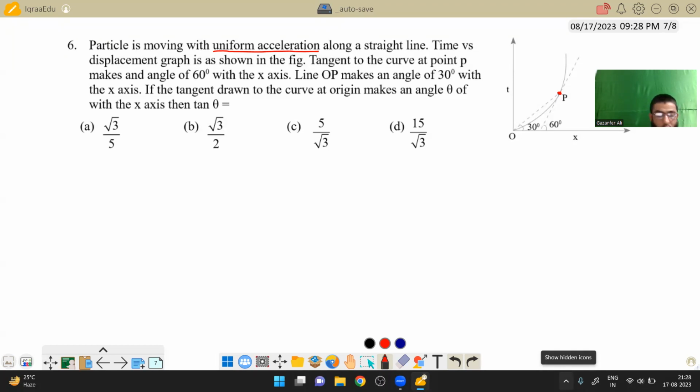Arna, Sanvi, are you able to solve it? Are you getting any direction how to solve it?